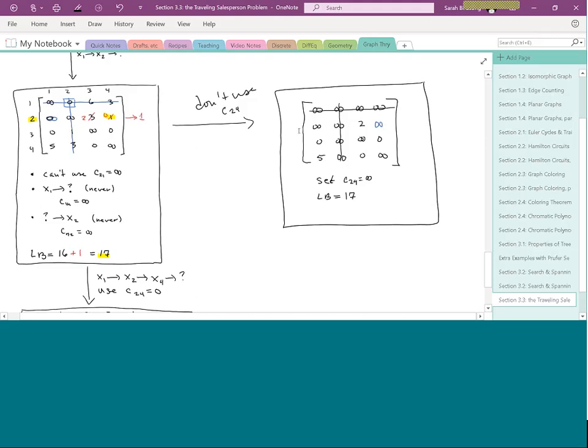So if we go and adjust that row 2, what's the smallest entry left in row 2? Yep, it is a 2, which means we'll go and we'll subtract 2 from every single entry on that row. And what happens then?